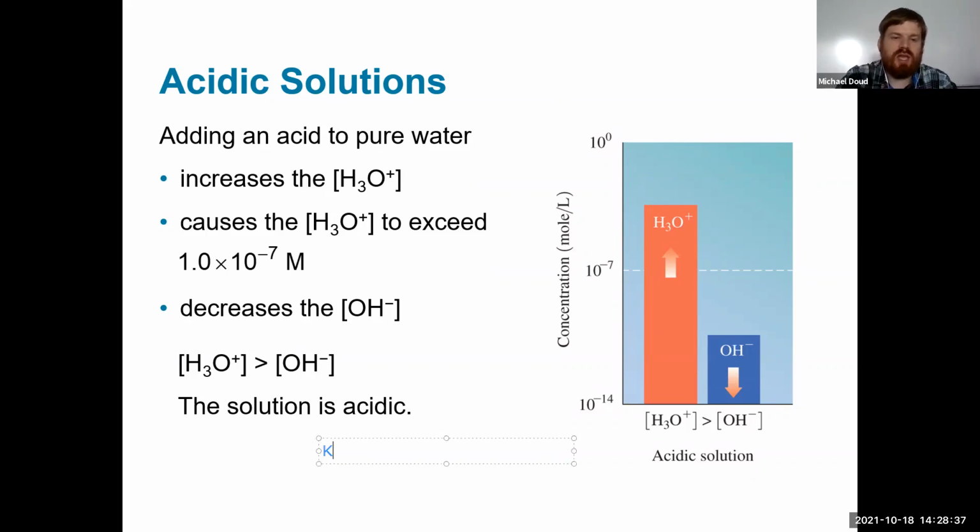the Kw, which we know is equal to 1.0 times 10 to the negative 14, which equals the hydronium ion concentration times the hydroxide ion concentration.